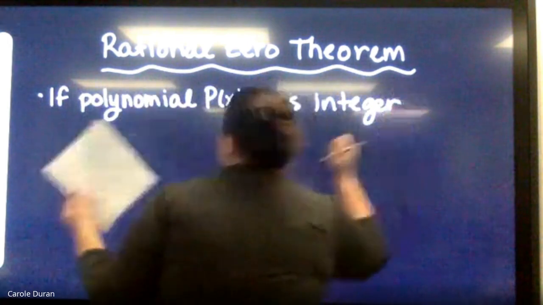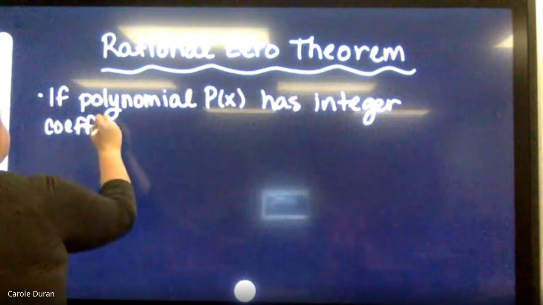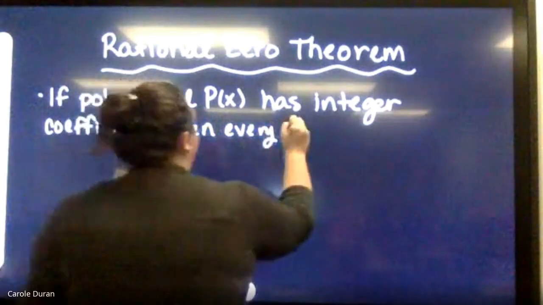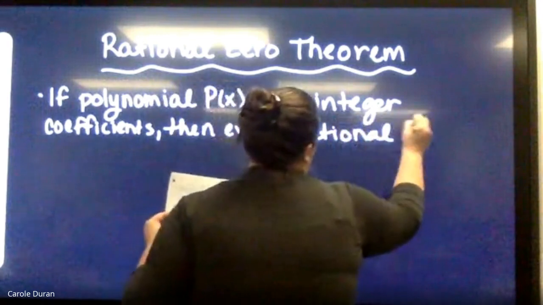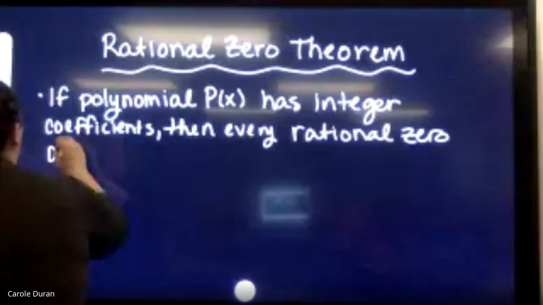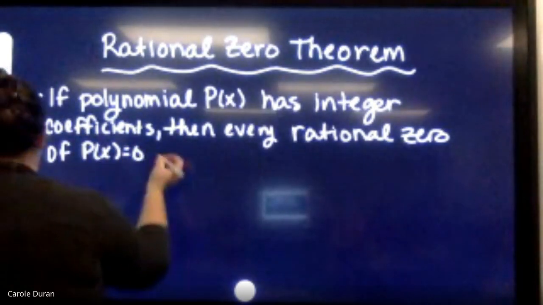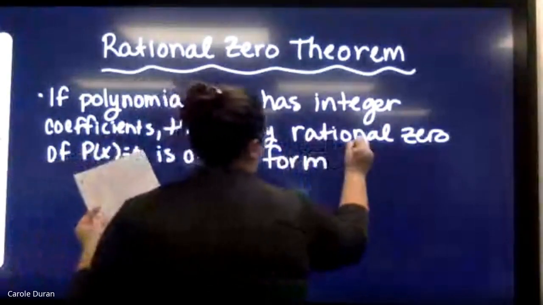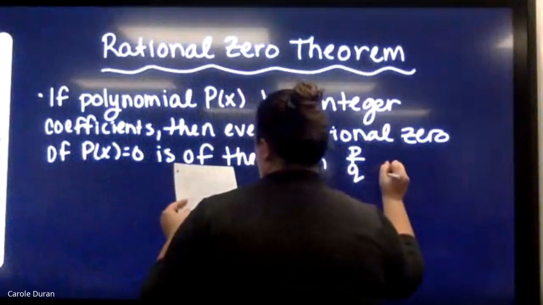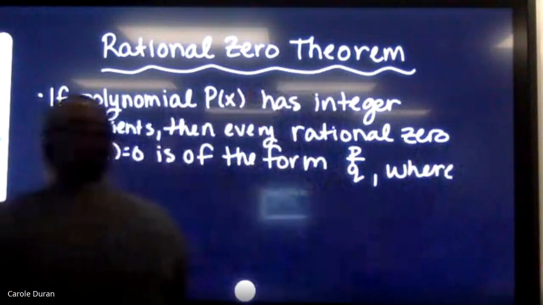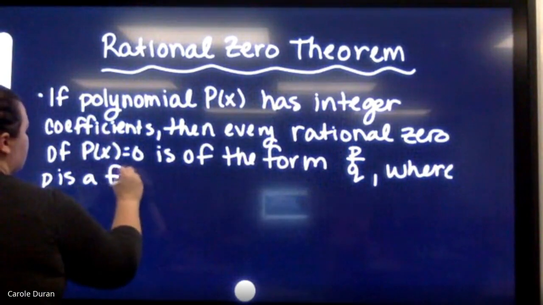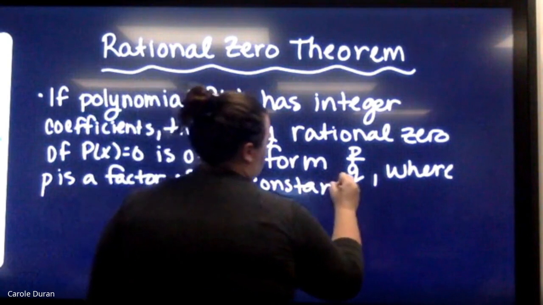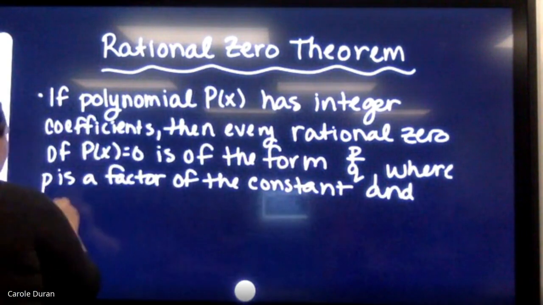and this polynomial has integer coefficients, then every rational zero is a number of the form p over q, where p is a factor of our constant and q is a factor of our leading coefficient.